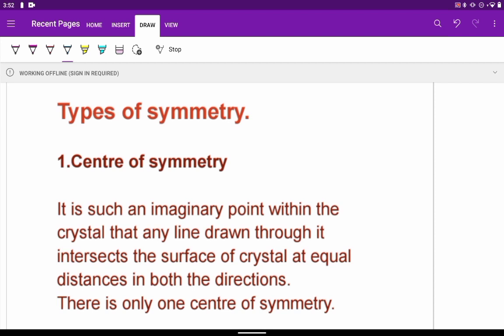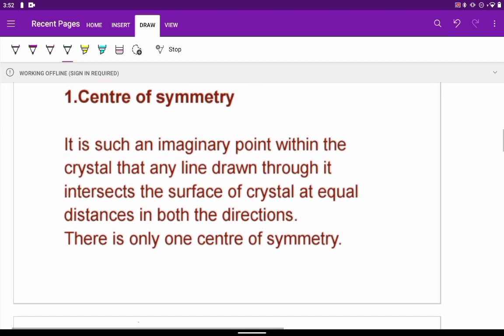First is the center of symmetry. See, we get some similar points. If from the center of symmetry we move equidistant on opposite sides and we get similar points, then we say that it is the center of symmetry.